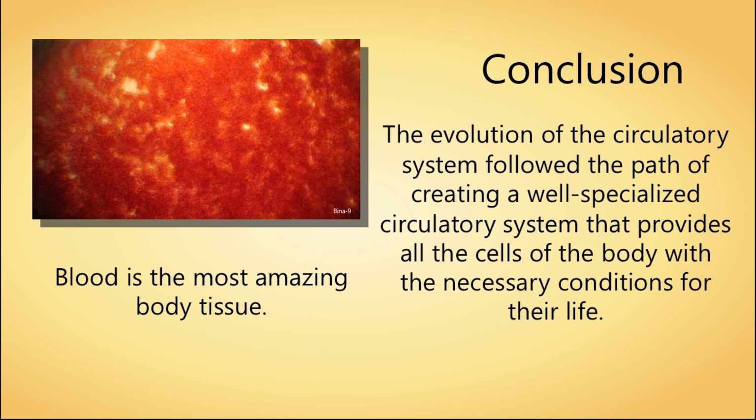From all that has been said, we conclude that the evolution of the circulatory system followed the path of creating a well-specialized circulatory system that provides all the cells of the body with the necessary conditions for their life.